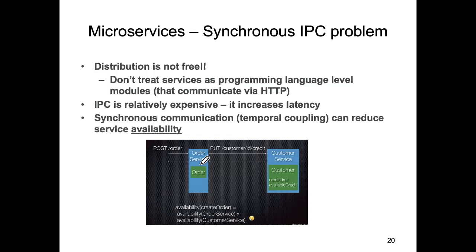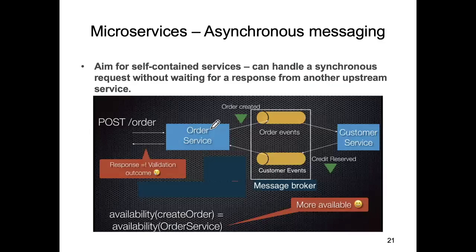If we could make this communication asynchronous, then certainly from the availability metric point of view, the availability is going to increase for my service on the left. How do we achieve asynchronous communication between two services? We use some sort of a messaging broker or messaging infrastructure.